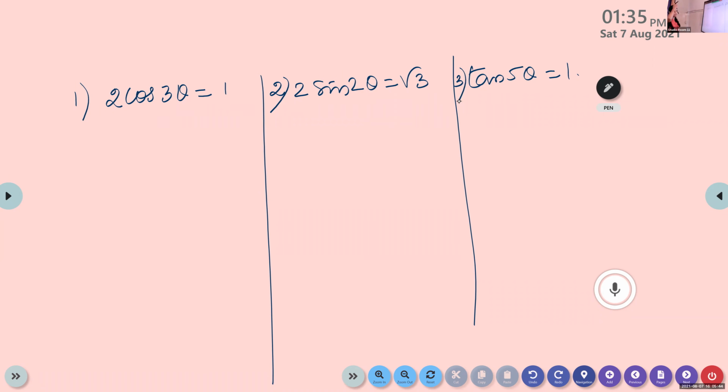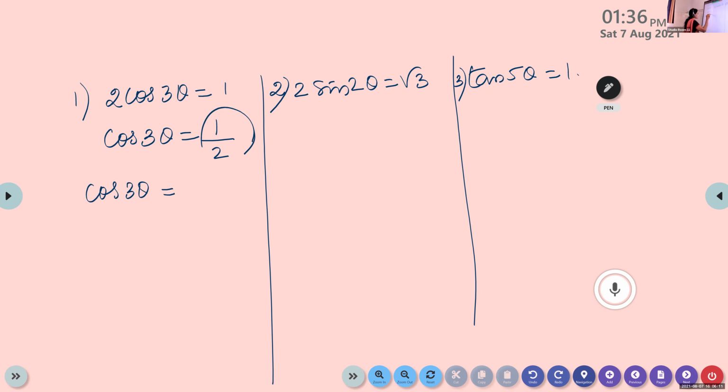How to do this? Listen, children. See here, you take this constant to the other side. Cos 3 theta is equal to 1 by 2. Now look at the trigonometric ratio table.